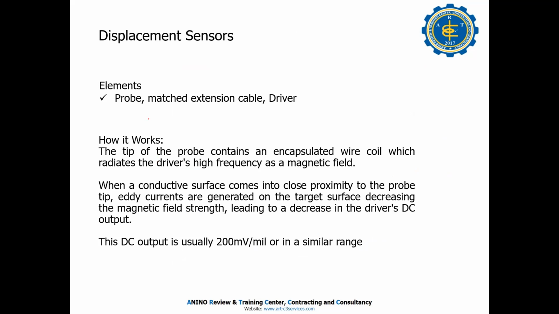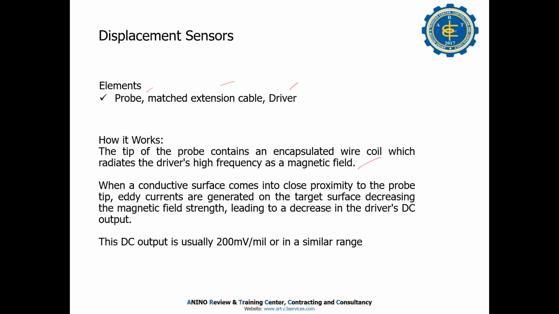So displacement sensors, we have the probe, extension cable, and then the driver. How it works: the tip of the probe contains an encapsulated wire coil which radiates the driver's high frequency as a magnetic field.